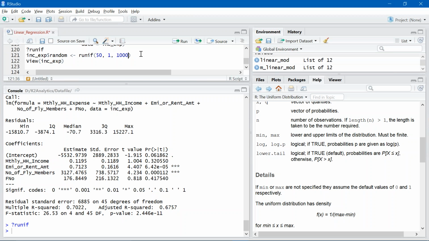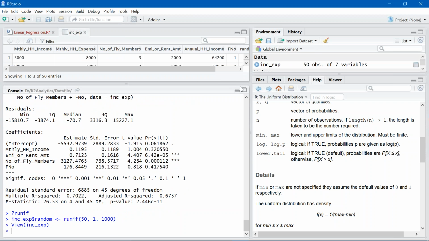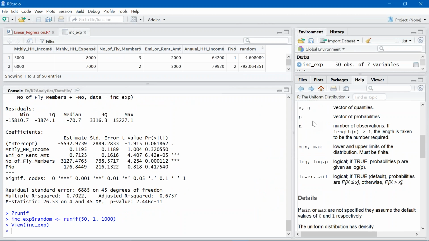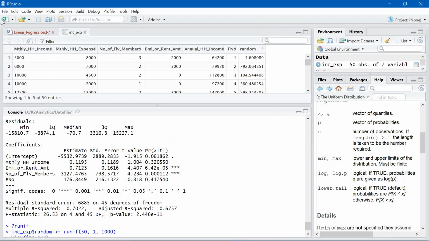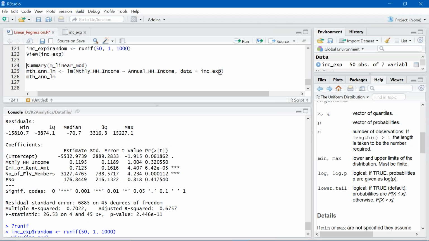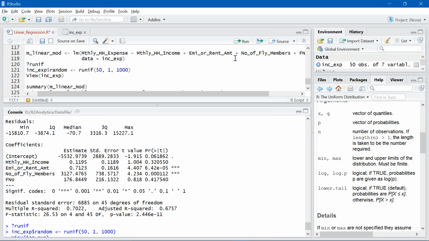So let us generate this random number using runif. We are generating 50 random numbers. Let us quickly view this data. So I got a random number here, right? Now let us build this model further. Where is that earlier model? This was the model.